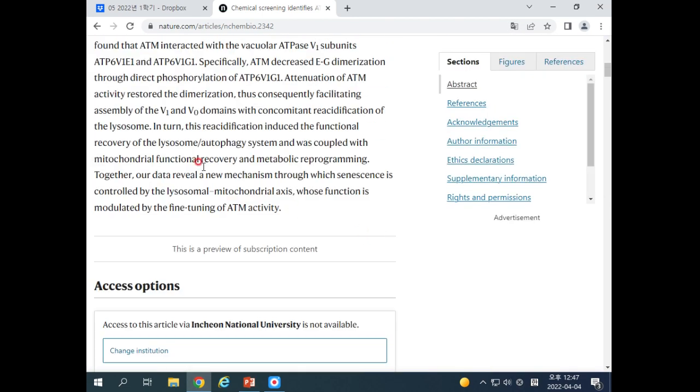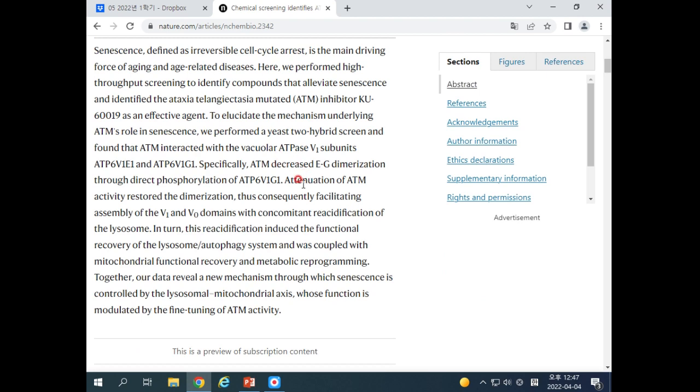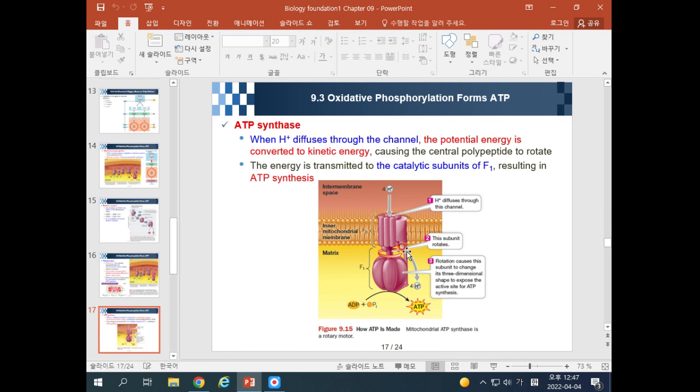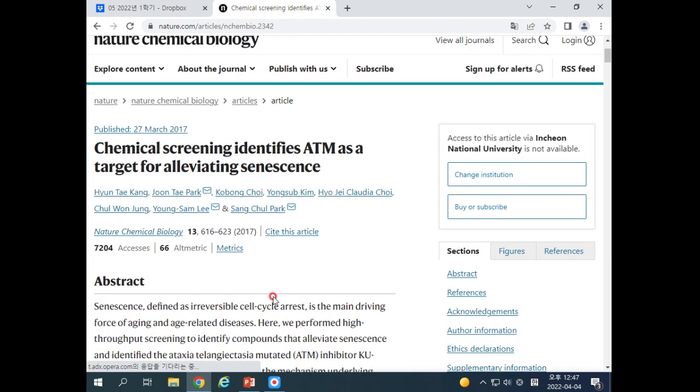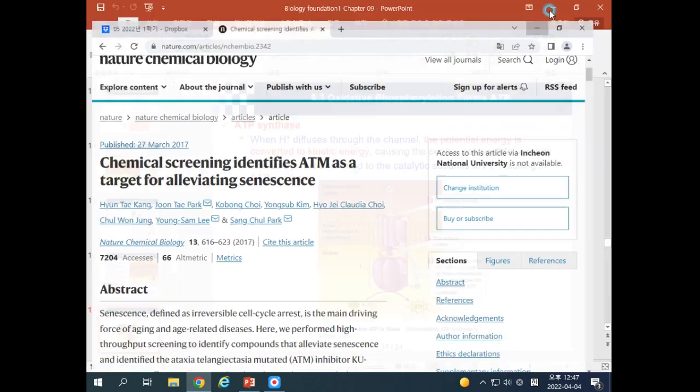I identified a similar mechanism like this. I identified some molecule that controls this activity. This one I identified. Nature Chemical Biology.